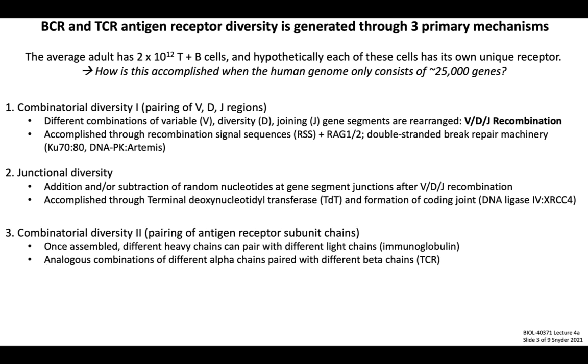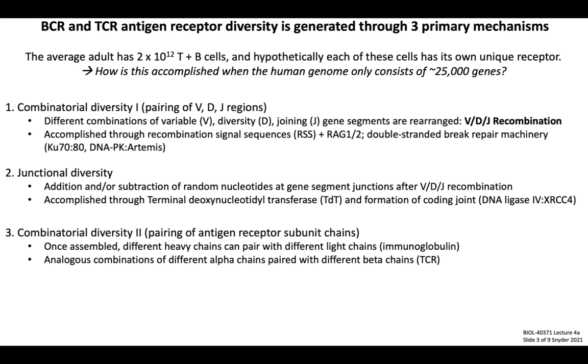The third is yet another form of combinatorial diversity that is achieved through the pairing of different antigen receptor subunit chains. So if you remember what we just learned about antigen receptor structure, following completion of the genetic rearrangement processes outlined in points number 1 and number 2 here, a B cell could pair any rearranged heavy chain with any rearranged light chain to make its own unique immunoglobulin molecule, while a T cell could pair any rearranged alpha chain with any rearranged beta chain to make its own unique TCR.